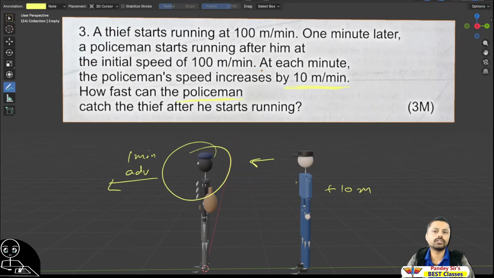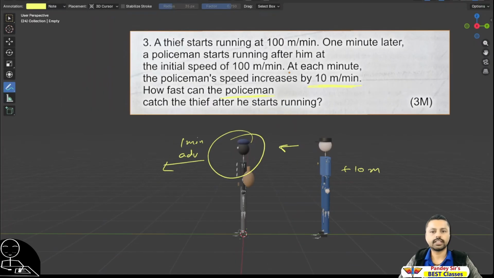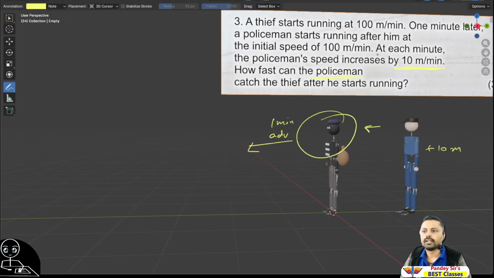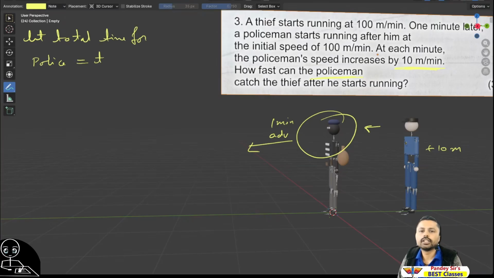So there is a constant D, or constant difference. That's D. So let's get those values. Now let's say the police was able to catch the thief in T minutes. Total time for police equal to T. Now since it's AP, I will write T equal to N.